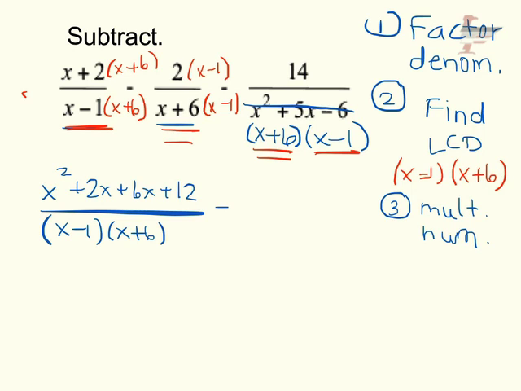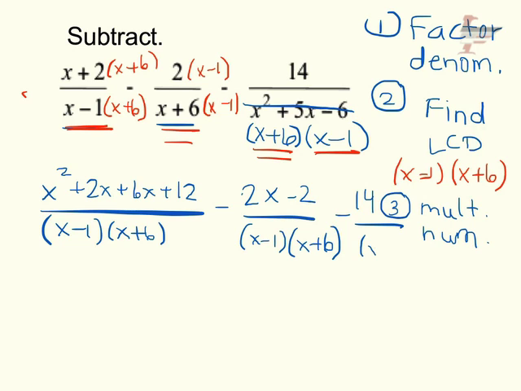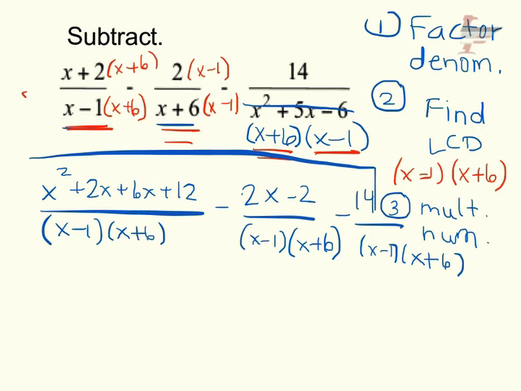And then I have minus 2x minus 2 all over x minus 1 and x plus 6. And then I have minus 14 over x minus 1 and x plus 6.